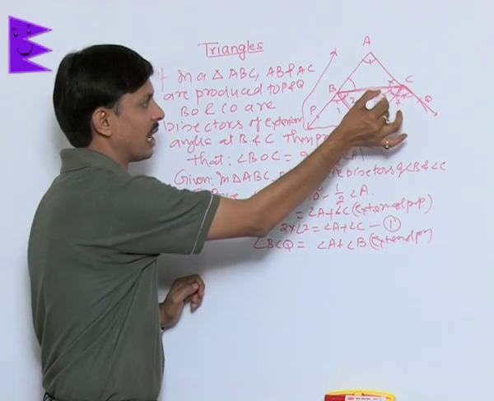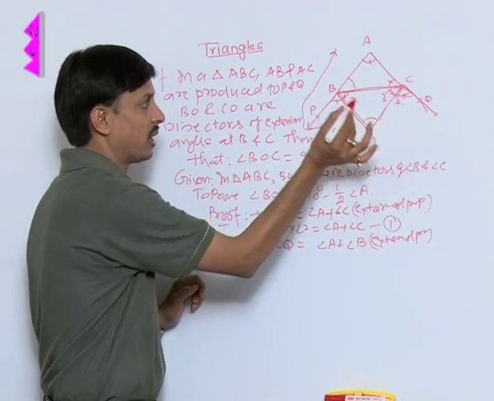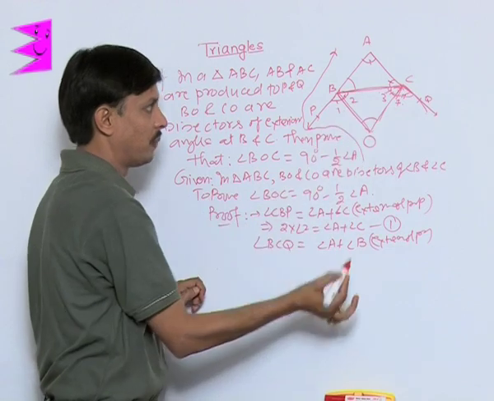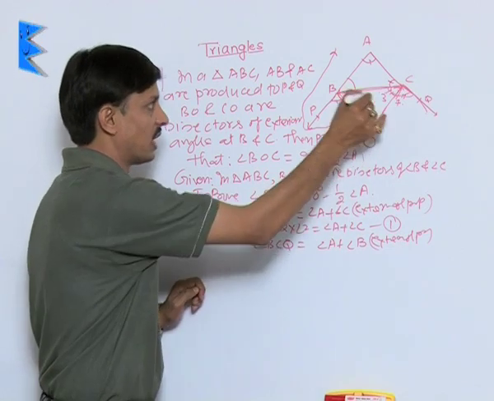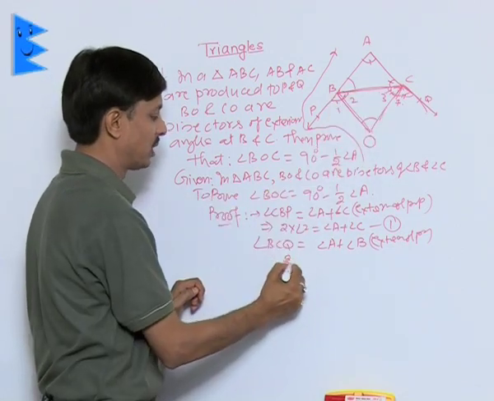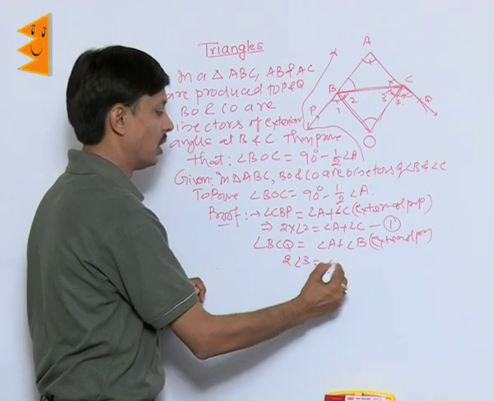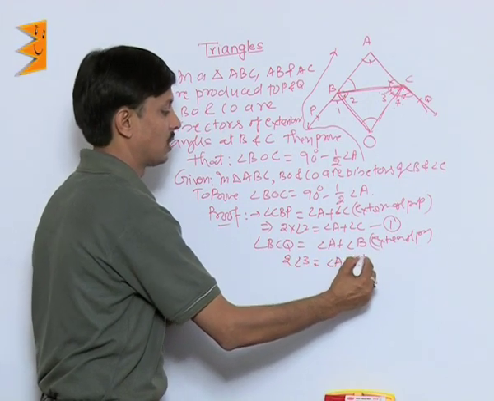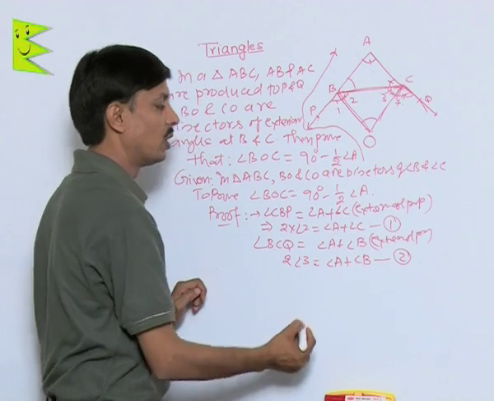But BCQ is the combination of 3 and 4. It can be written as double of 3 or double of 4, but it suits us to write double of angle 3 is equal to angle A plus angle B, relation number 2.